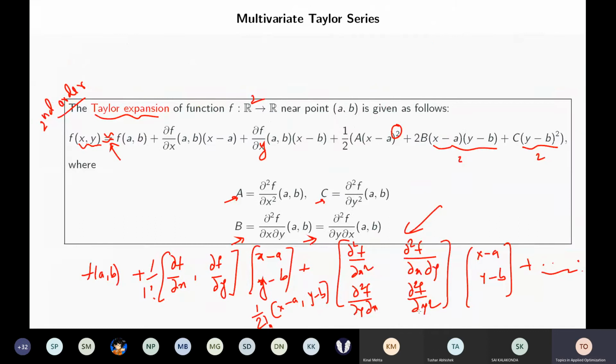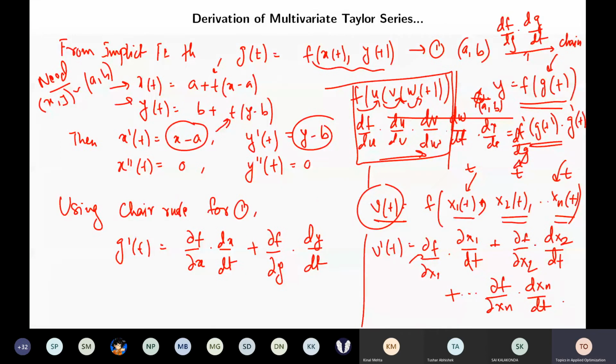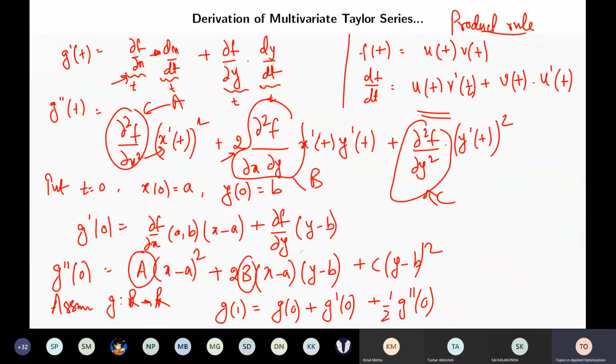If you go back and see G1, G of 1 will be just f of x, y, and so x at 1 will be x and y at 1 will be y. So G1 will be f(x, y). So here f(x, y) is equal to f(a, b) plus G prime of 0.